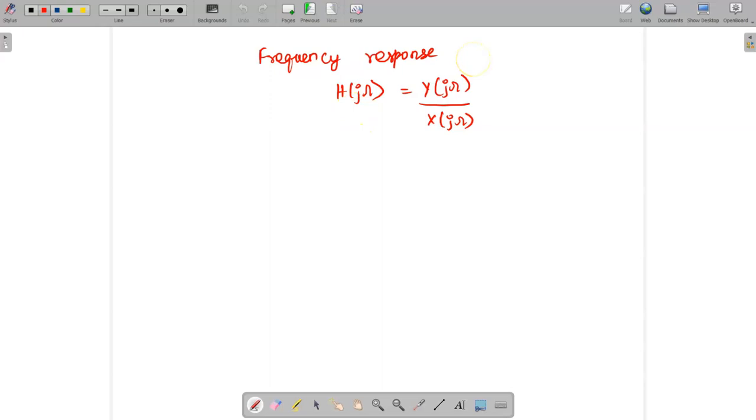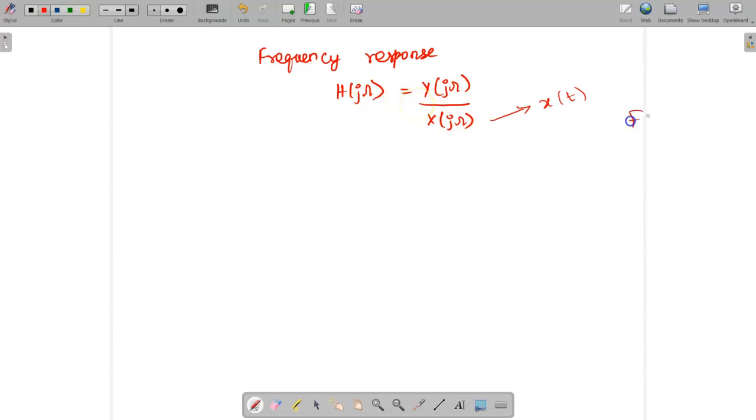We know the relationship that the frequency response H(jω) is given by Y(jω) by X(jω). Using this relationship we can find X(jω), and once we have determined X(jω), we can easily find the input x(t).